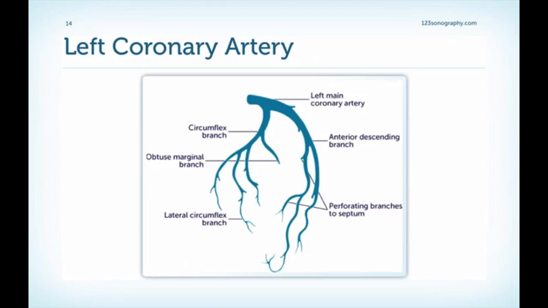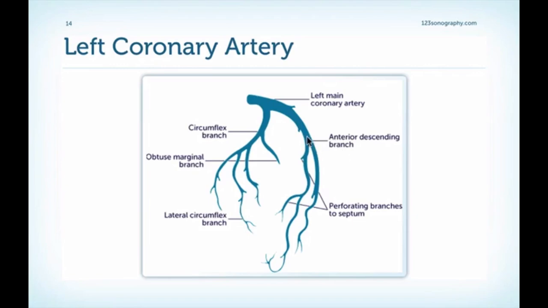To give you a better explanation what the segmentation of the myocardium is actually good for, I would like to first give you a brief overview of the coronary anatomy and start with the left coronary artery. The left coronary artery, this is the stem or the left main coronary artery, divides itself into the circumflex branch and into the anterior descending branch, also called LAD.